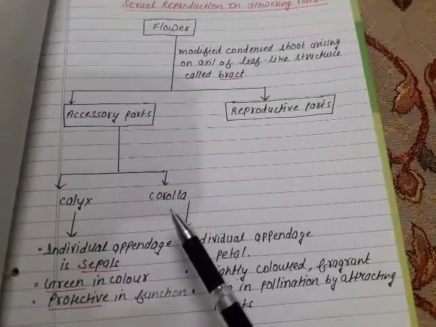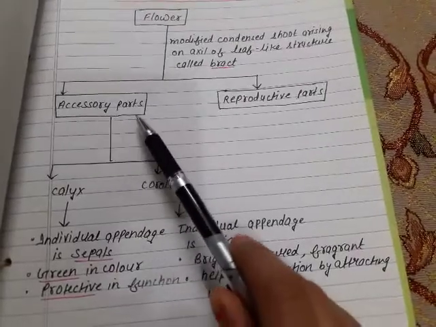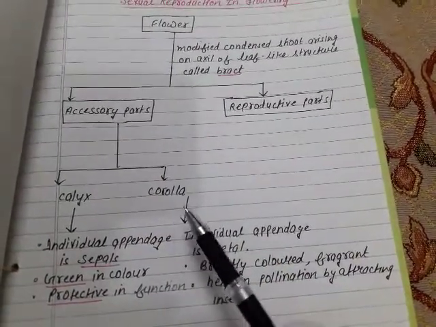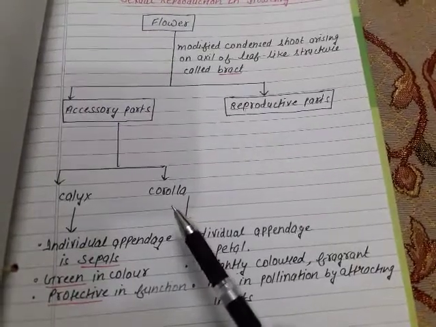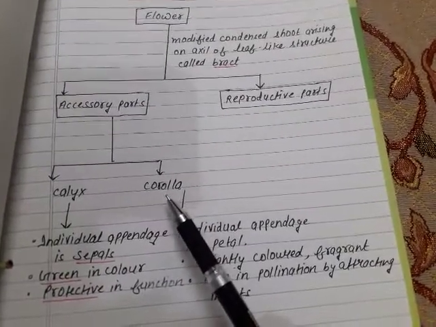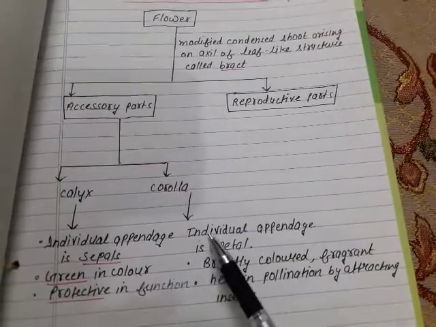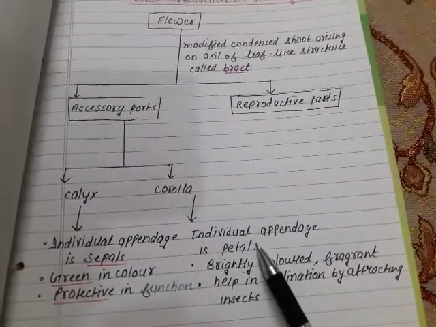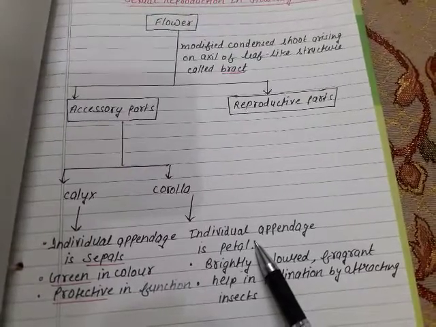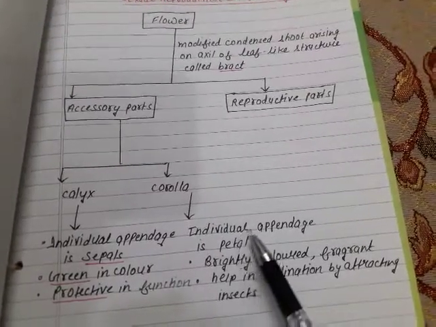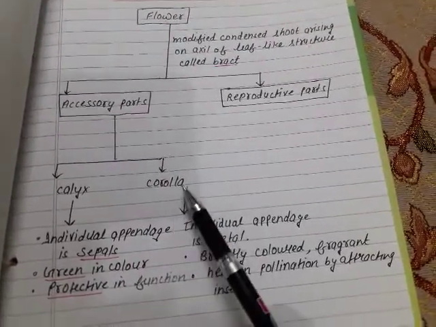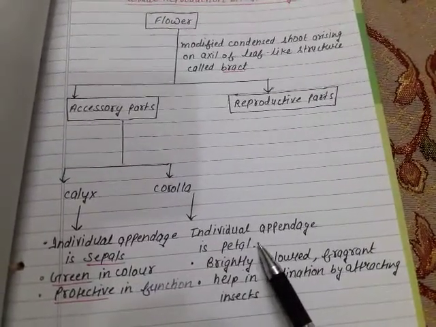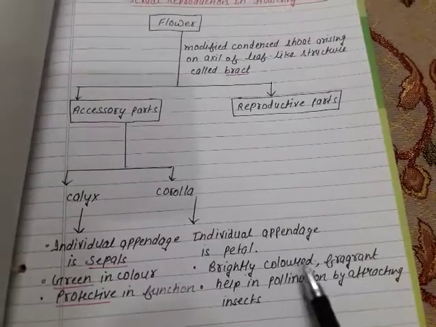Next is the corolla, the second accessory or non-reproductive part. The second whorl of the flower is the corolla and its individual appendage is called a petal. A flower may have one petal, two petals, three petals, four petals. All the petals together are called the corolla, and petals are brightly colored and fragrant.